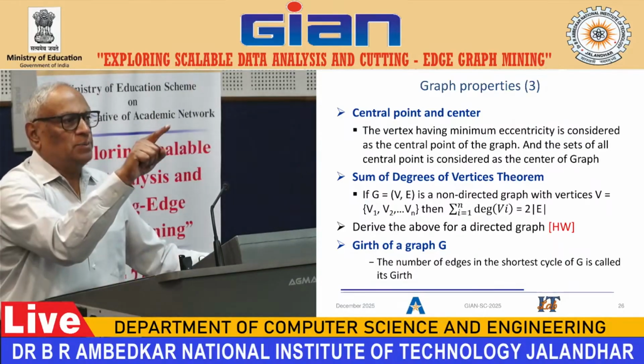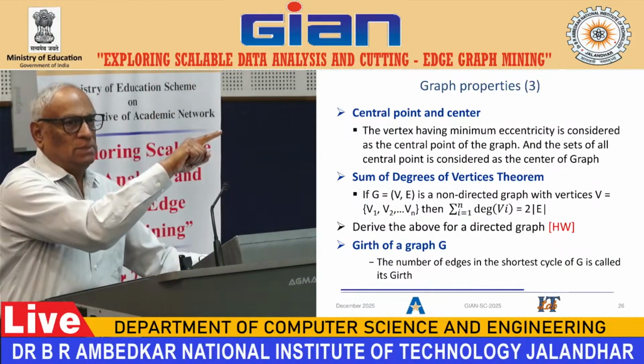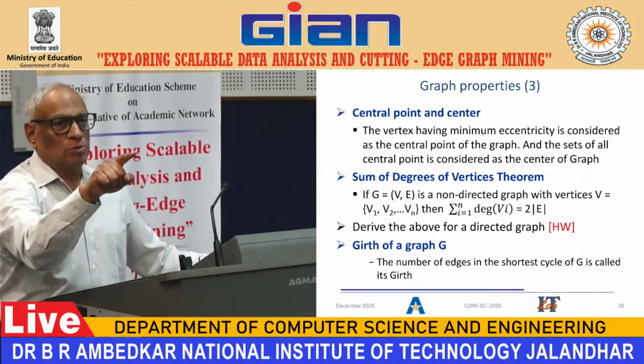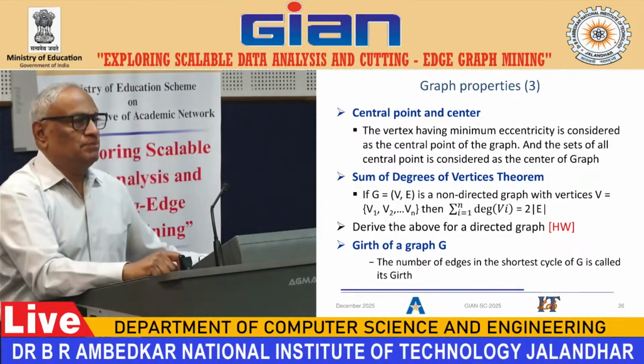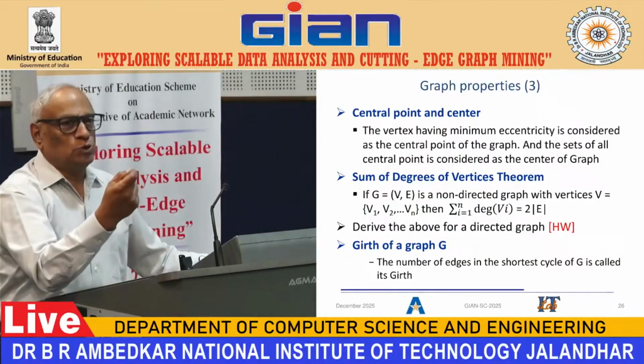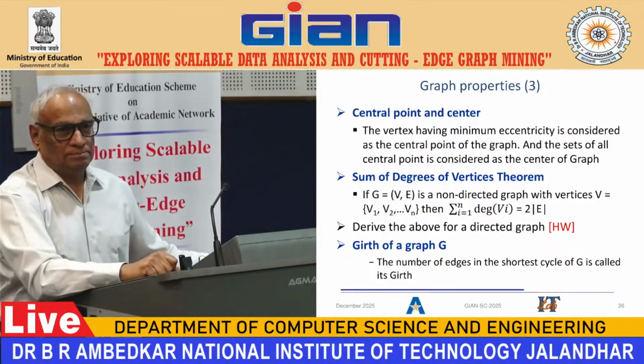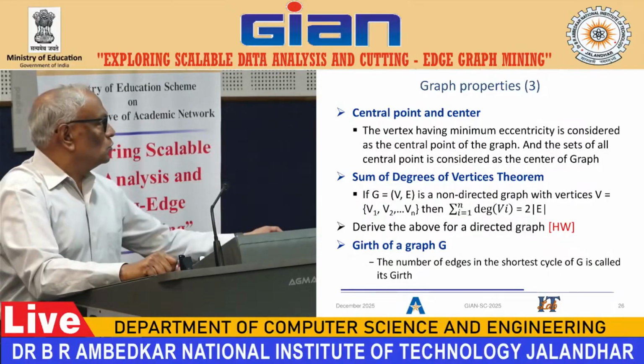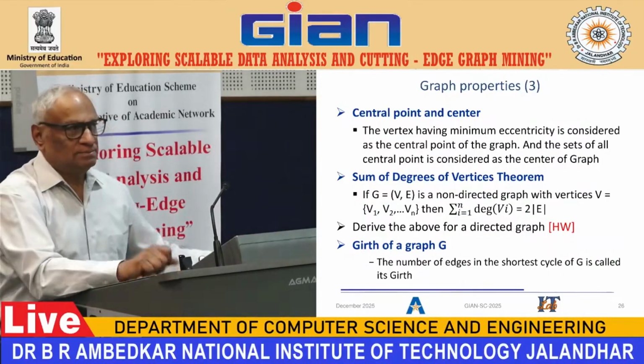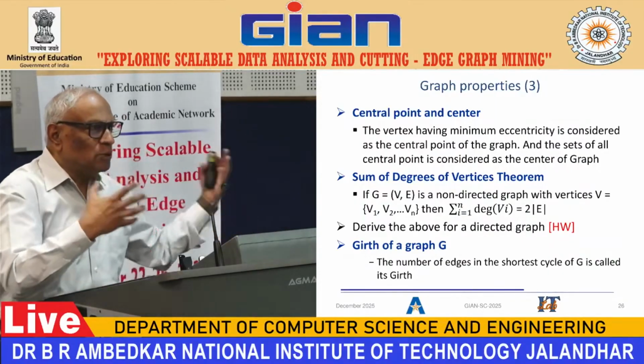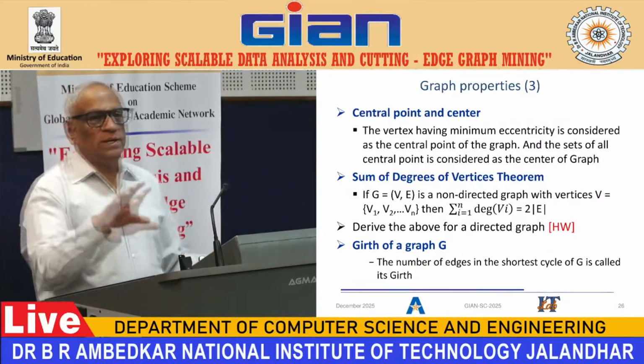That means it contributes to the degree of this node, it contributes to the degree of this node. That means every edge contributes to the degree twice. So 2 times the number of edges. If you think about it intuitively, it's very easy to understand.